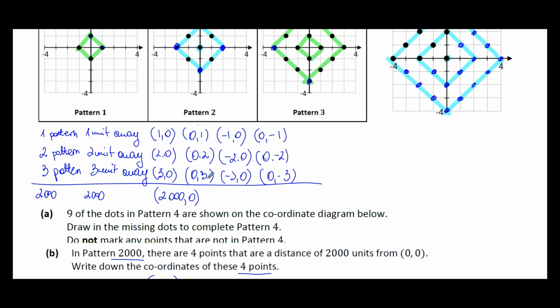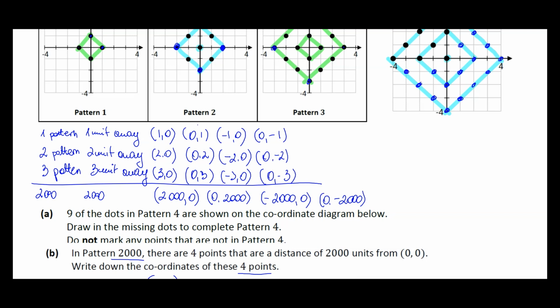Then the next one, again, you can see the pattern, 0, 2000. Then again, you can see the pattern here will be -2000 and 0. And then this one will be what? 0 and -2000. So by observing the pattern 1, 2, 3, we can see how the coordinates are changing. Therefore, it's easy for us to apply that same logic to any pattern in that particular sequence.